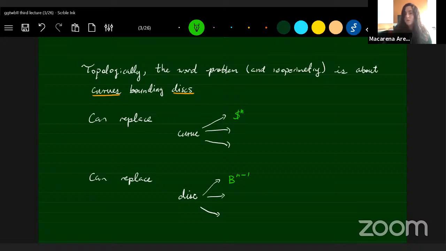Another direction is that instead of studying curves, we can study cycles, and then the equivalent of disks would be chains. This is passing to homology. A third direction is staying within the fundamental group, but instead of looking at curves, looking at collections of curves.